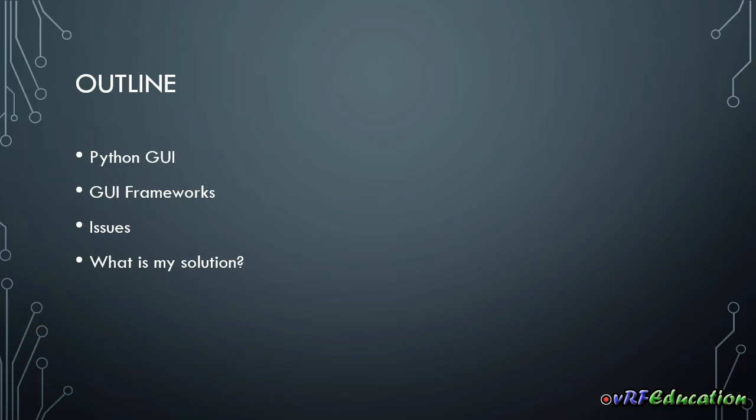Alongside that, there are a couple of frameworks out there such as PyQt, PySide, Kiwi, etc. They help developers a lot to create GUIs, but they also have a couple of issues. So I'm going to talk about those issues that are not specific to this kind of framework or to creating a GUI in Python. It's general.